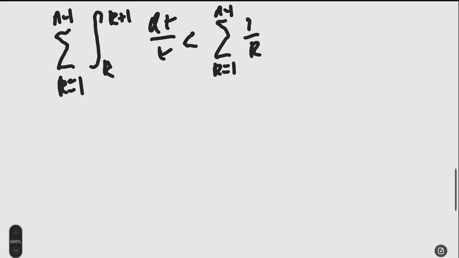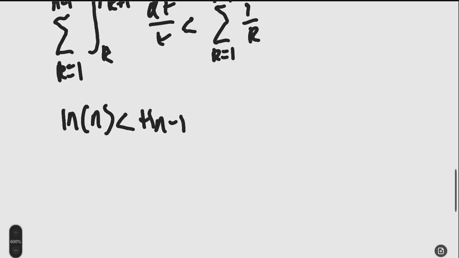And this is nothing but the harmonic number H_(n minus 1). So meaning that overall, we have that ln of n is strictly less than H_(n minus 1) for our term.